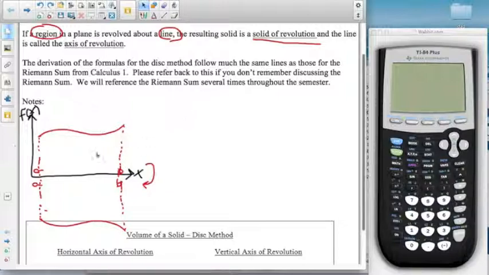And so if we take a look at this from a Riemann sum standpoint, we could divide that region into rectangles and add up the rectangles.